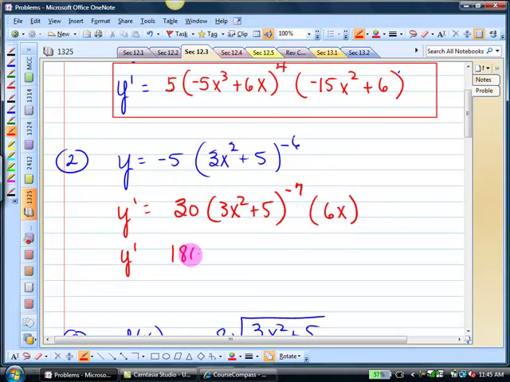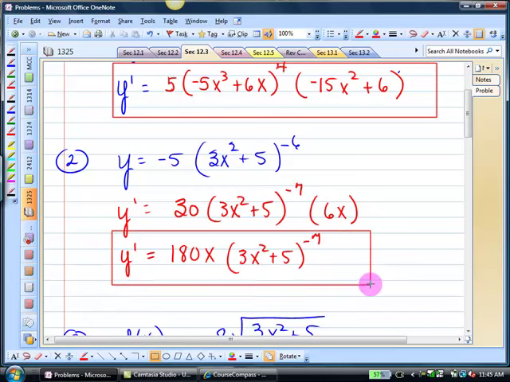So 180x times 3x squared plus 5 to the negative 7. Is that good?